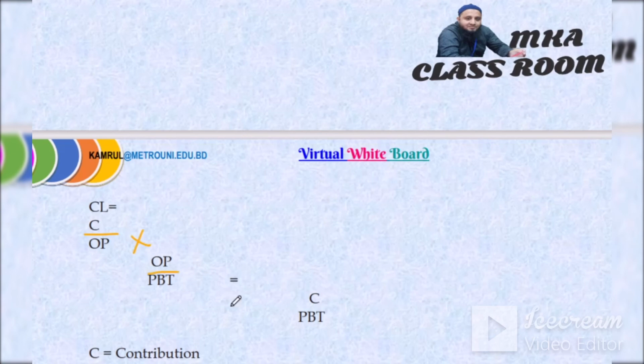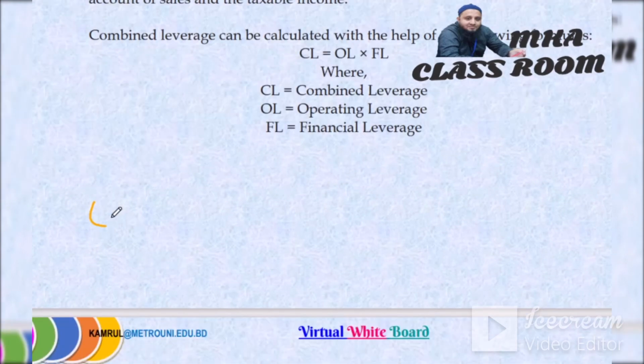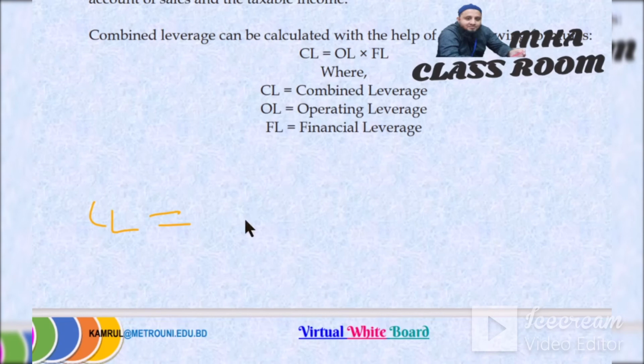We can see here combined leverage, CL, equals OL times FL. OL means operating leverage. So we know the formula for operating leverage: C, contribution, divided by operating profit, times FL, financial leverage. We know the formula for financial leverage: operating profit divided by profit before tax.